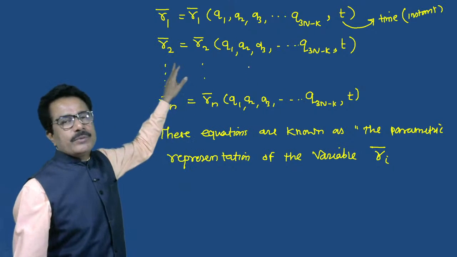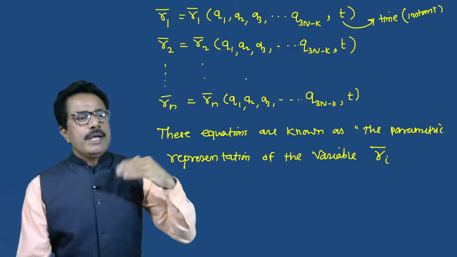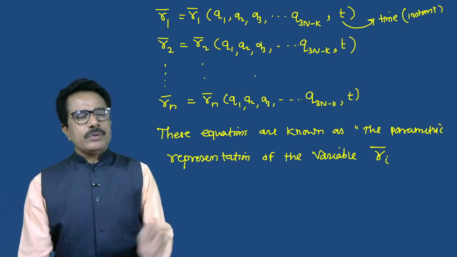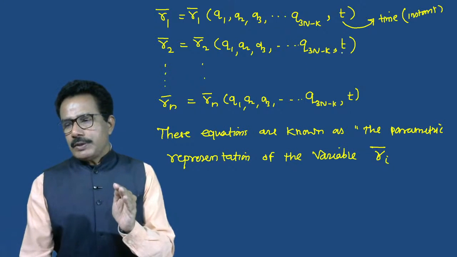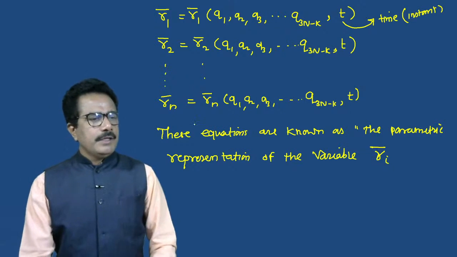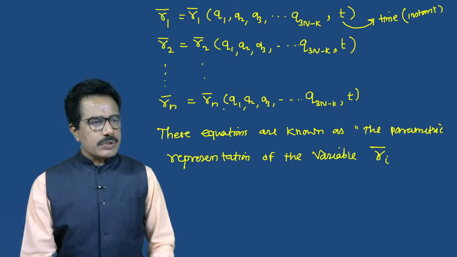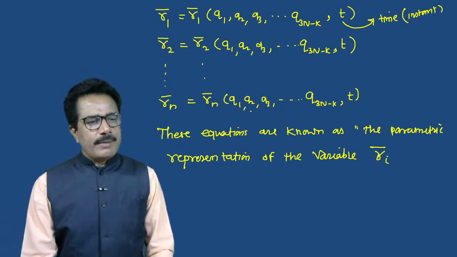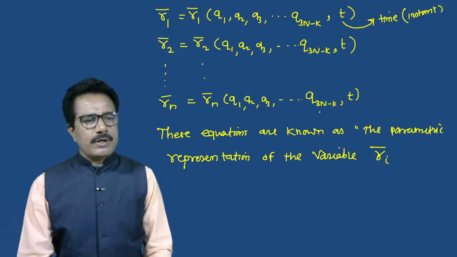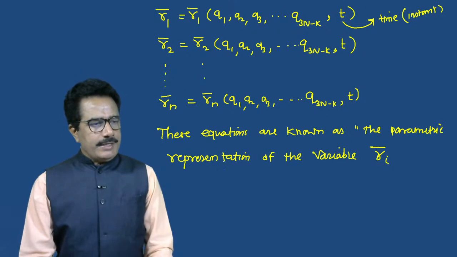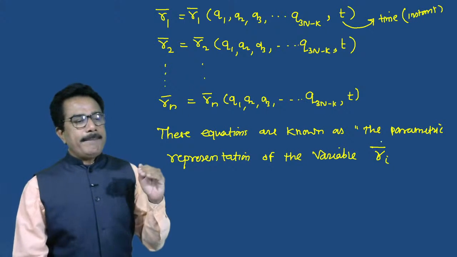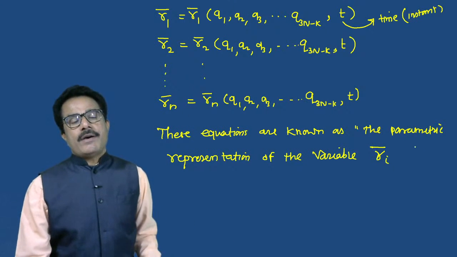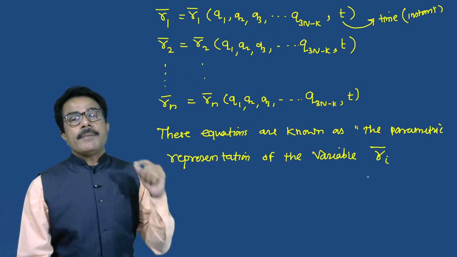Now second, we write r2 bar is equal to r2 bar of q1, q2, q3, ... q3n minus k, t. So rn bar is equal to rn bar of q1, q2, q3, ... 3n minus k. These equations are known as the parametric representation of the variable ri.